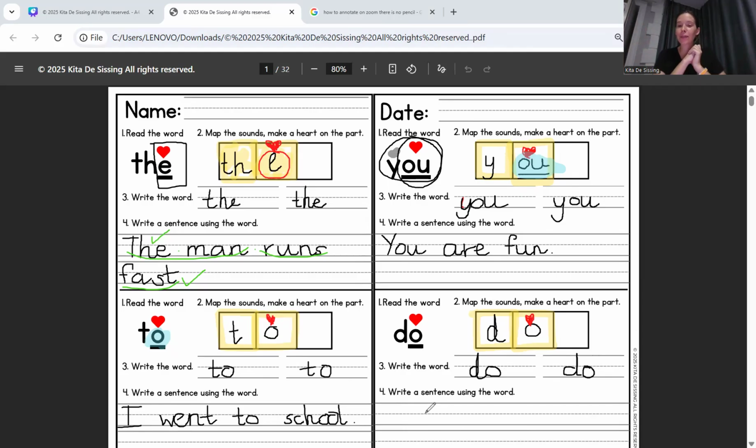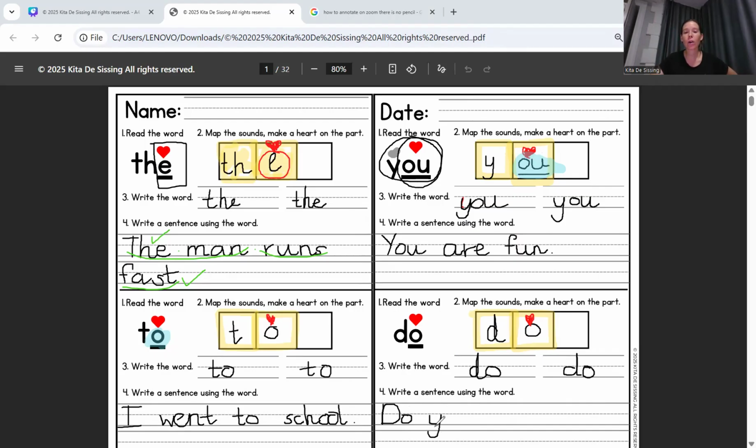Now I'm going to write my sentence. How could I use "do" in a sentence? Well, I'm going to ask a question, which means that my punctuation is going to be a little different. I'm going to ask somebody if they like cats. Do you like cats? All right, let's go. Capital letter D, oo, space.